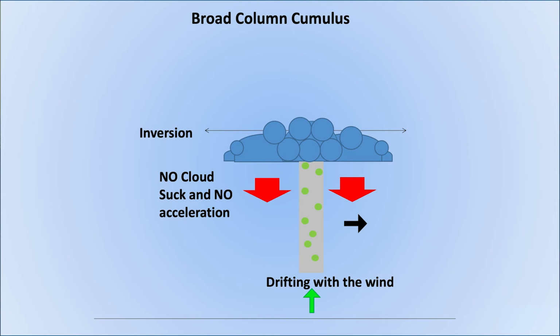Again, here we have a broad column cumulus, and here the inversion is trapping the cumulus that's developed, and it's approaching spread out. Bear in mind that there's a broad area of sink around this kind of cloud, but again it's still fed rather like an umbrella. There's a narrow column which is feeding the column cumulus.